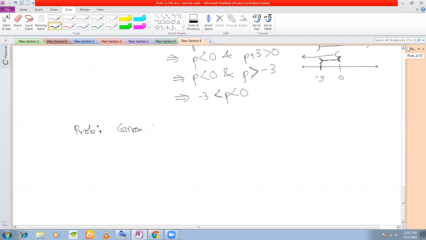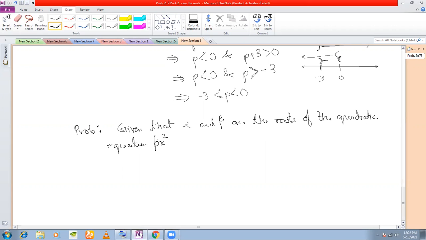The problem was: given that alpha and beta are the roots of the quadratic equation px square plus qx plus 1 equal to 0, find the value of alpha cube beta square plus alpha square beta cube.